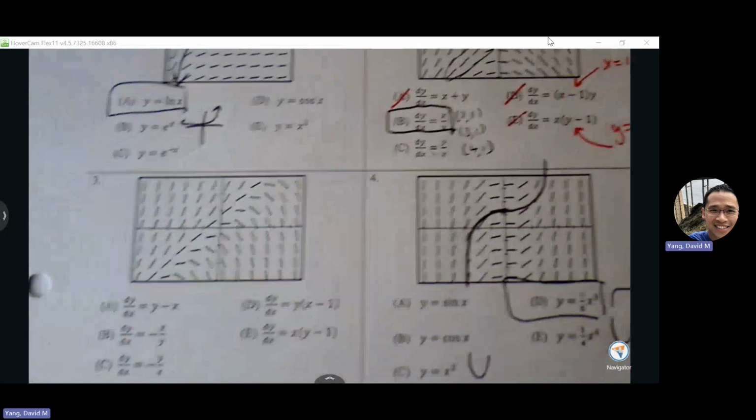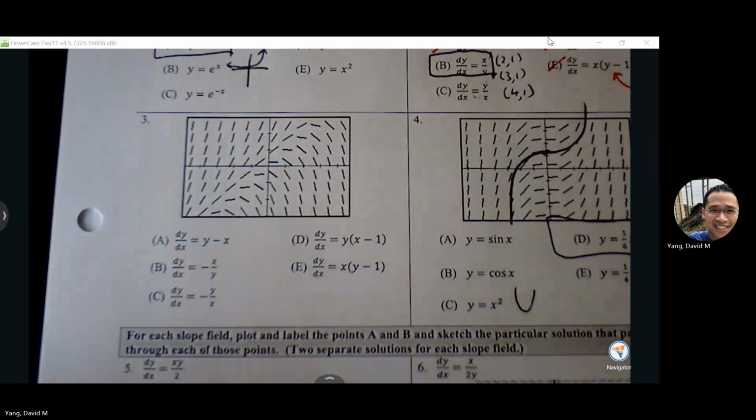Okay, let's look at number 3. What are some things that you guys notice, or maybe some wrong choices that we can just go ahead and eliminate?